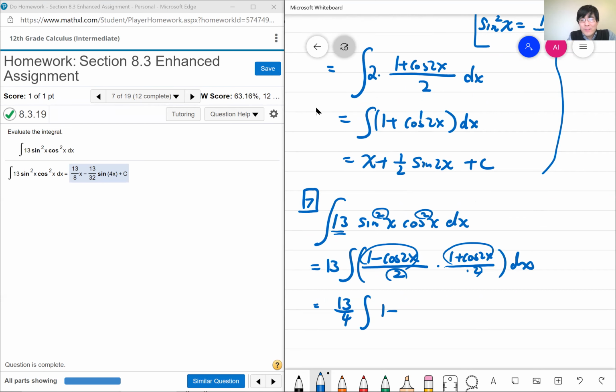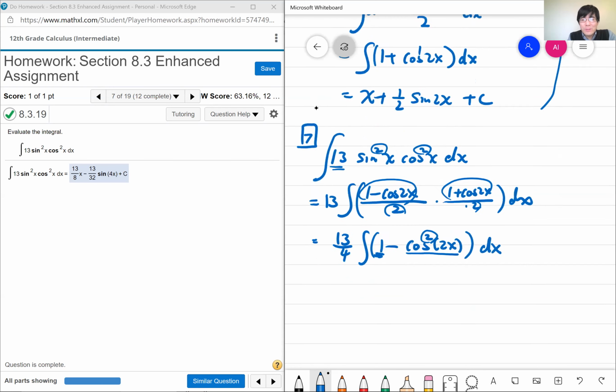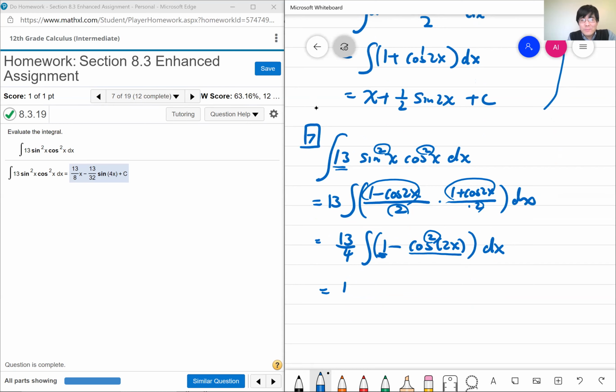You want to get 1 minus cosine square of 2x. This is integrable. We know how to integrate this. This one, you still have even power. So you have to use half-angle identity again.